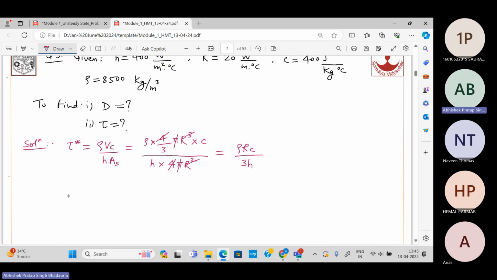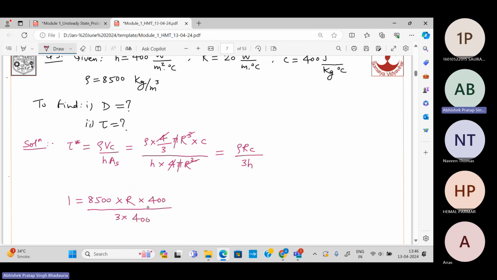So 1 second time constant is equal to: density 8500, radius unknown, specific heat 400, divided by 3 into the h value, 400.